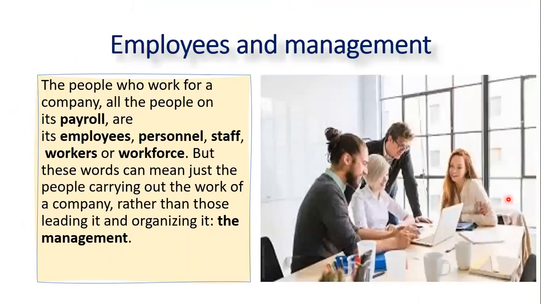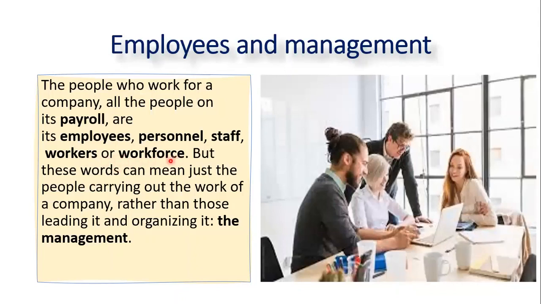So knowing all those words, now you can easily understand this. Employees and management says, the people who work for a company, all the people on its payroll, are employees, personnel, staff, workers, or workforce.